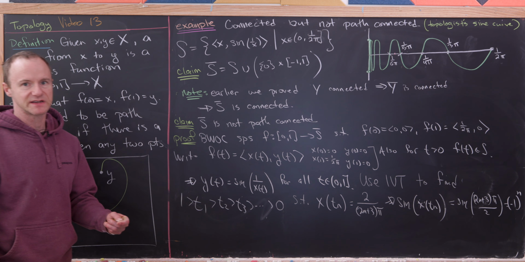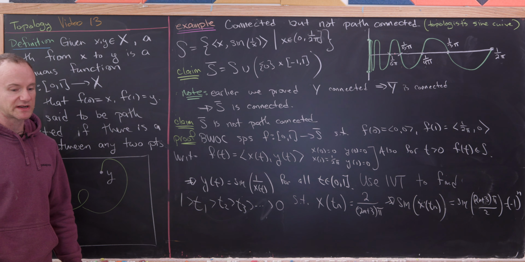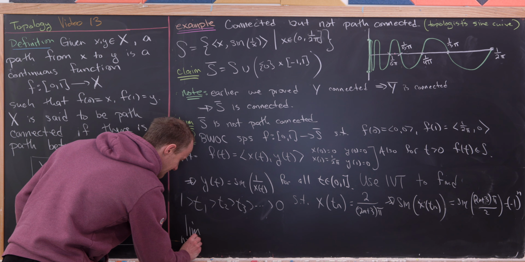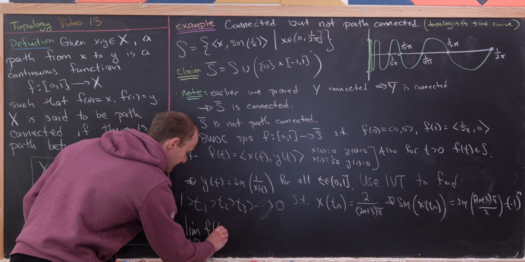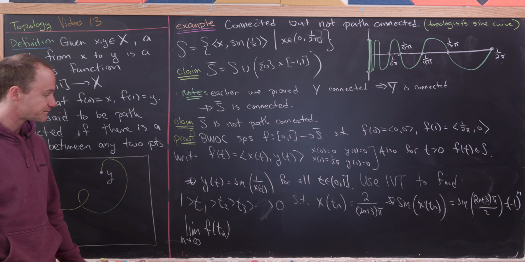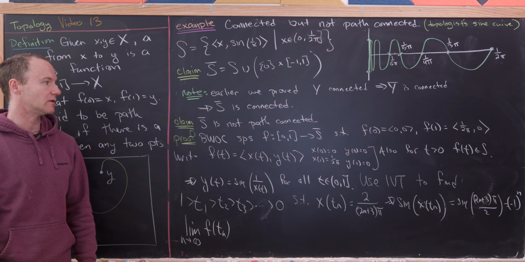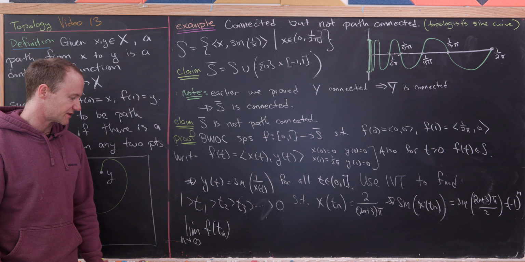So the sign of this is alternating between being plus 1 and minus 1. And now let's finish this off by looking at the limit as n goes to infinity of f of t sub n. So we know that this t sub n should be approaching 0. So that's by our construction.